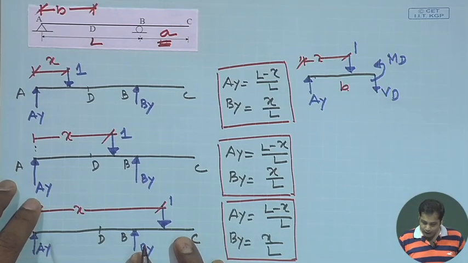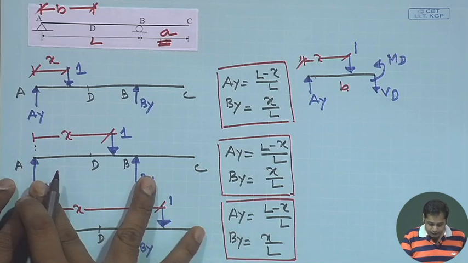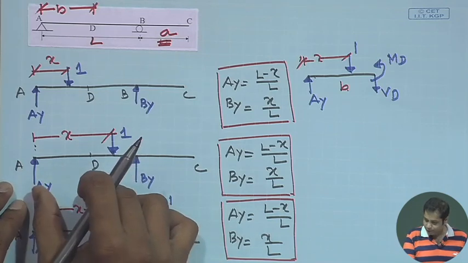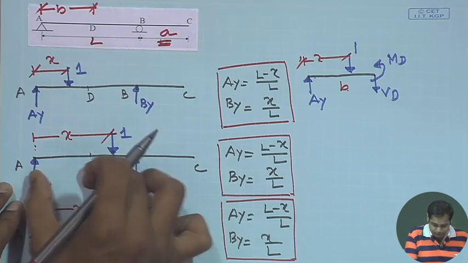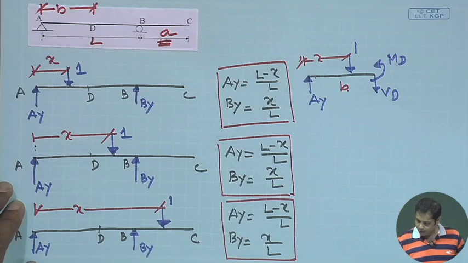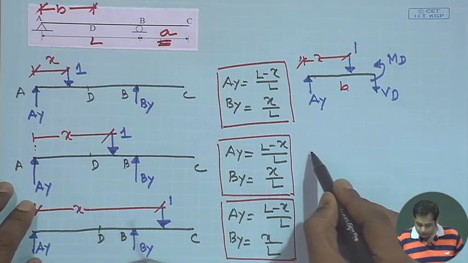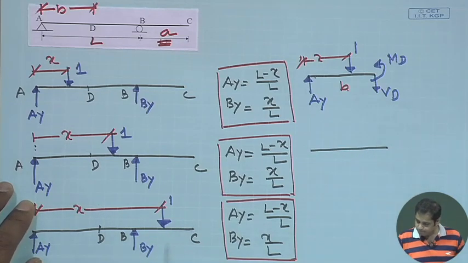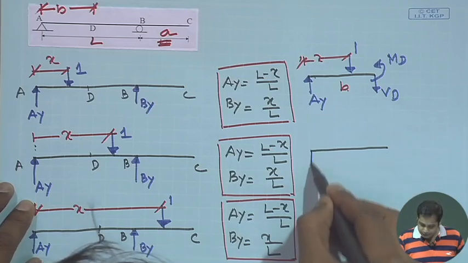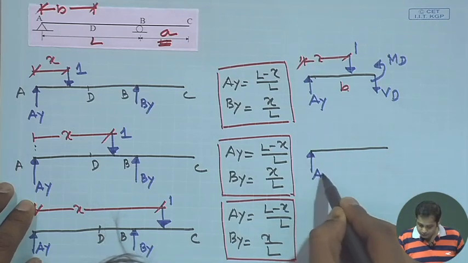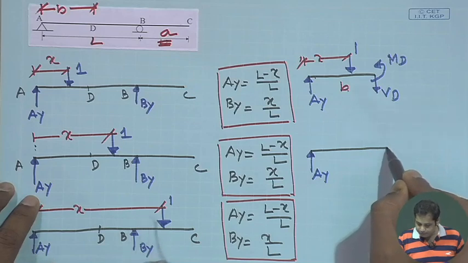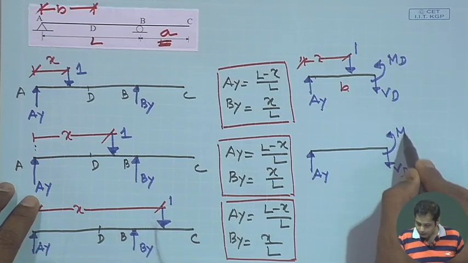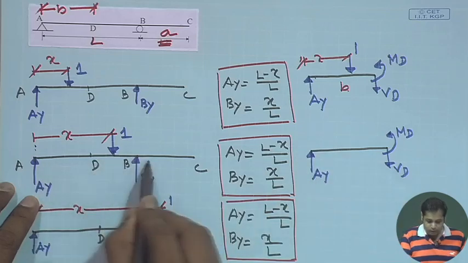Now, similarly, for this case, if we take the free body diagram of the same part, there is no unit load here, it is only AY and then VD and MD. There will be no load because the load is now on DB.